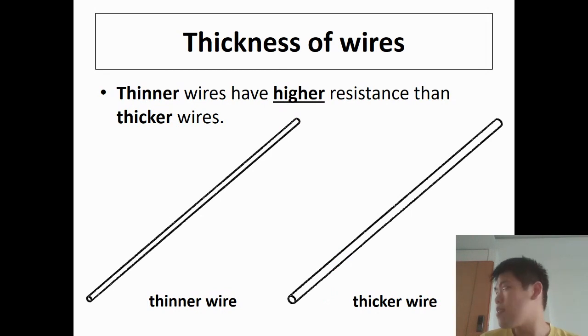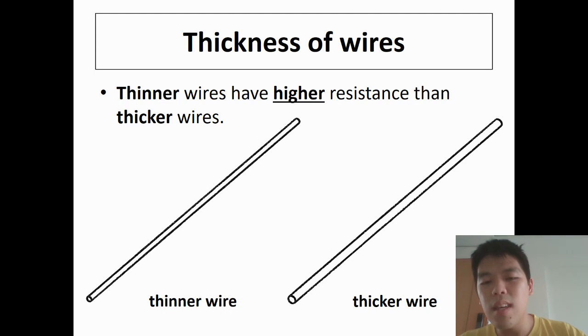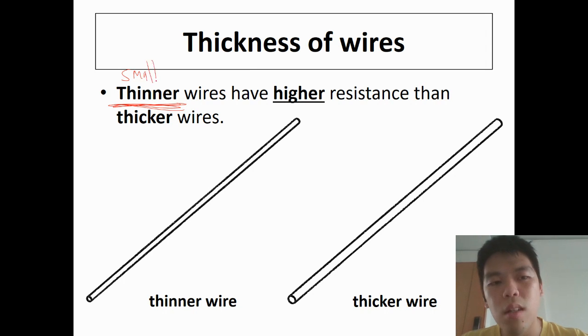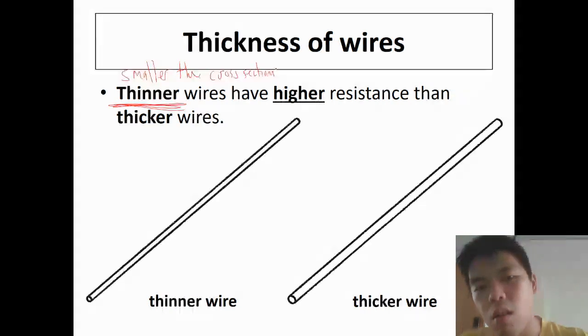How about the size, the area, the thickness? In this case, the thinner the wire, or the smaller the cross-sectional area, the higher the resistance. What is the cross-sectional area? Imagine you look at a wire here. This is your eyes. You look at the wire and you realize that the wire has a certain size.